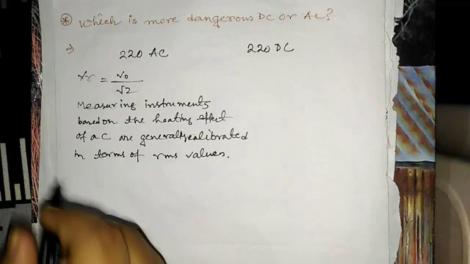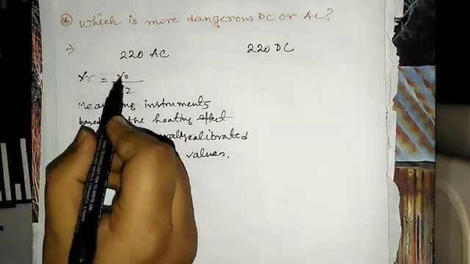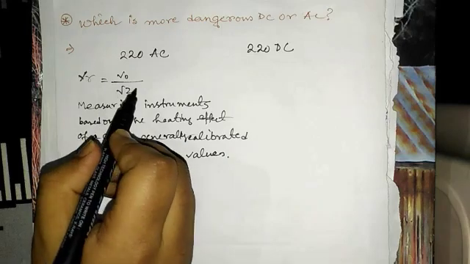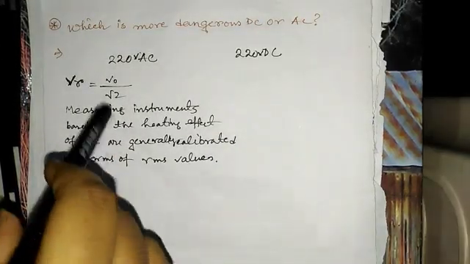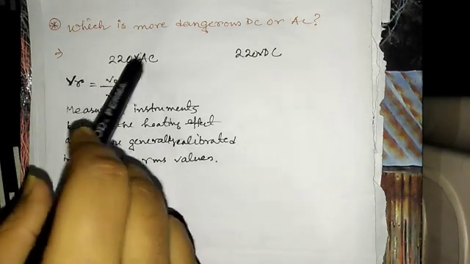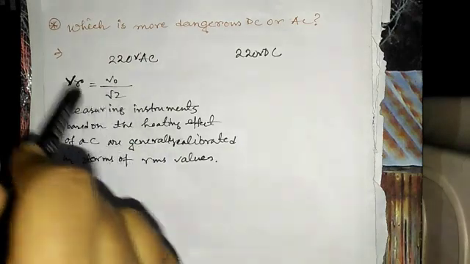So here the effective value is V0 by root 2. From this we can easily understand that when we speak about 220 volt AC supply, we mean its RMS value.